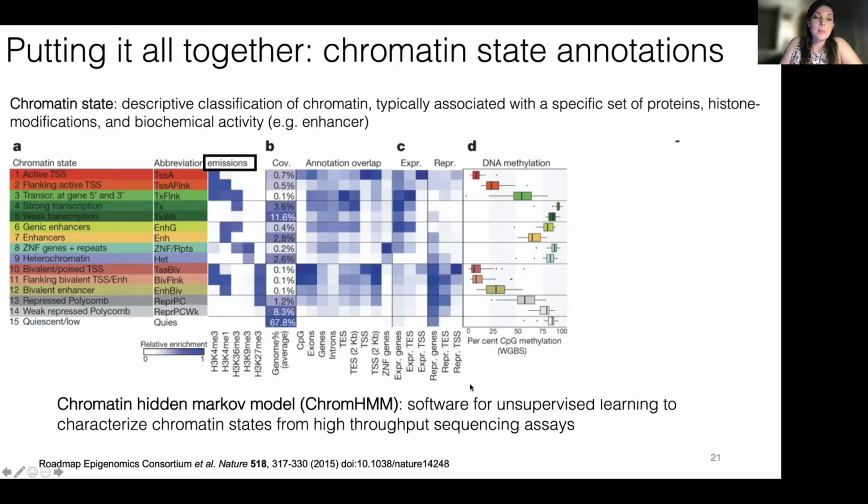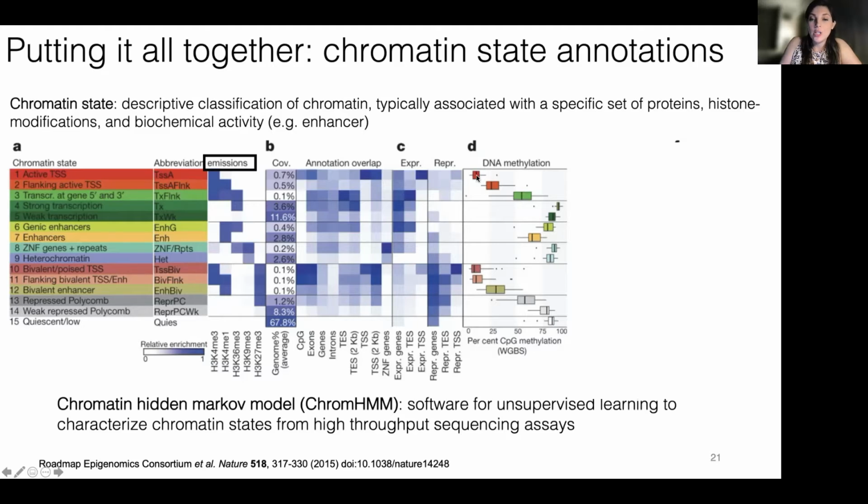Then this paper from the Roadmap Epigenomics Consortium looked at how much of this annotation overlapped things like exons, genes, introns, transcription start sites, and how much it overlapped expressed genes or repressed genes, and it all made sense. These different states made sense with what we know about these different types of genes.